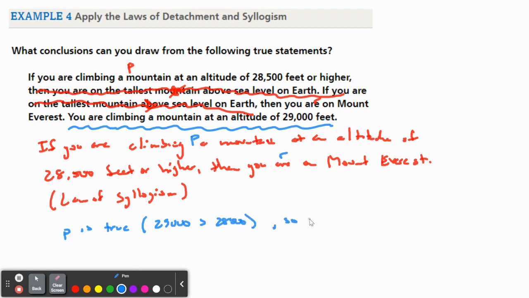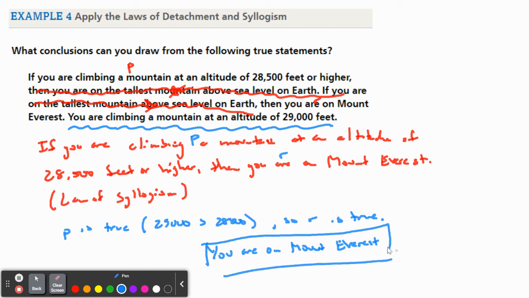So that means that R in this statement is also going to be true. And what that means is that you are on Mount Everest. So I can conclude that you are on Mount Everest. And this part was by detachment, law of detachment.